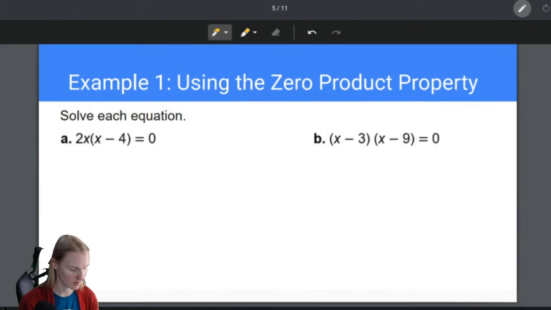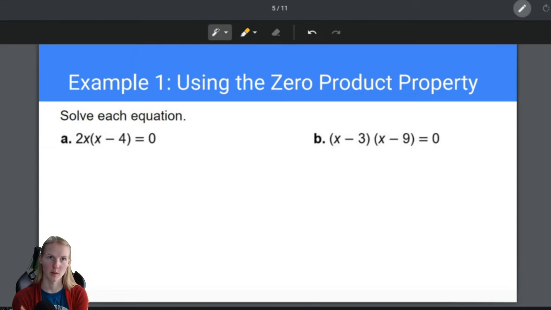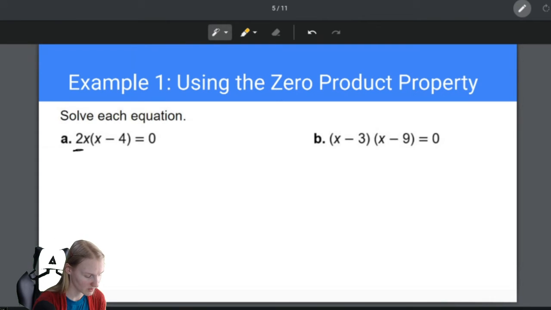Okay, so now that you know what these things are, let's use them in an example. Our first example is using the zero product property to solve equations. What we have here is 2x times x minus 4 equals 0. Well, our zero product property tells us that one of these things has to be 0.